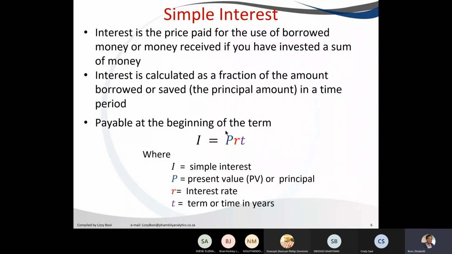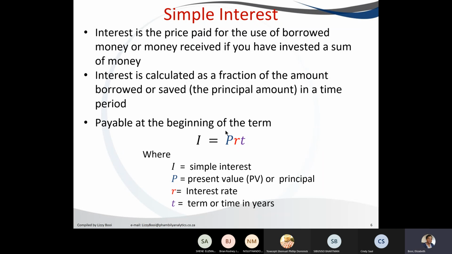And remember also interest, we do not round it off, we keep it as it is. Those who are doing manual calculation, especially with the simple interest, we're all going to be doing manual calculations. Therefore, we divide the interest rate, which is represented as a percentage, by 100 and substitute it into the formula.